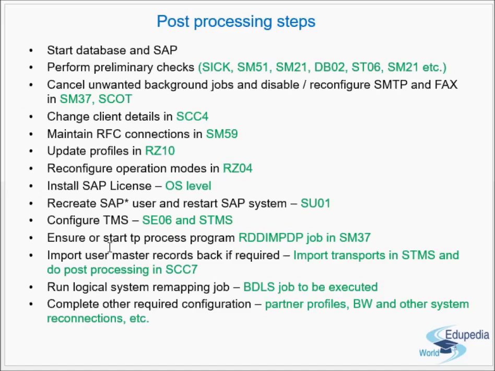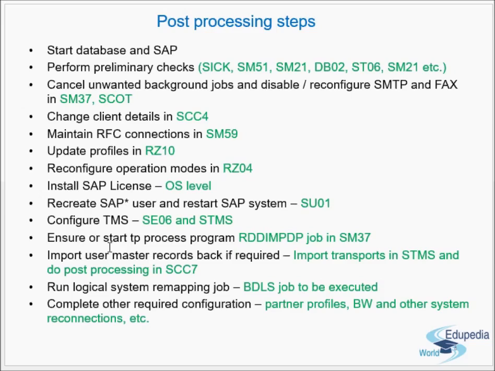You first log in and do the important system checks like SICK, the consistency check. In SM51 you see that all application servers are active; they all have to be started. Then you see SM21 for any errors in the system log. You see DB02 for the database side, and ST06 for the operating system.